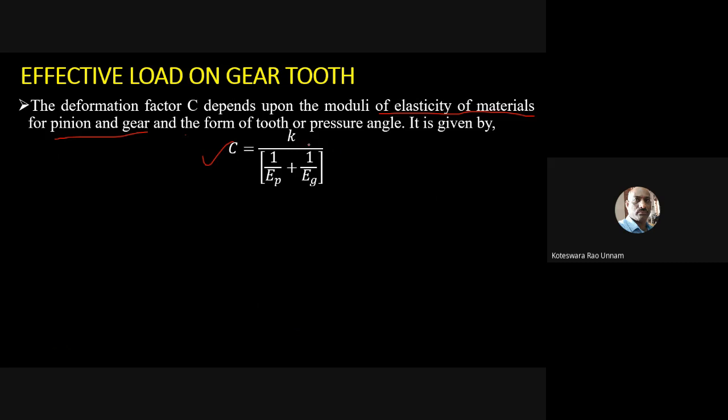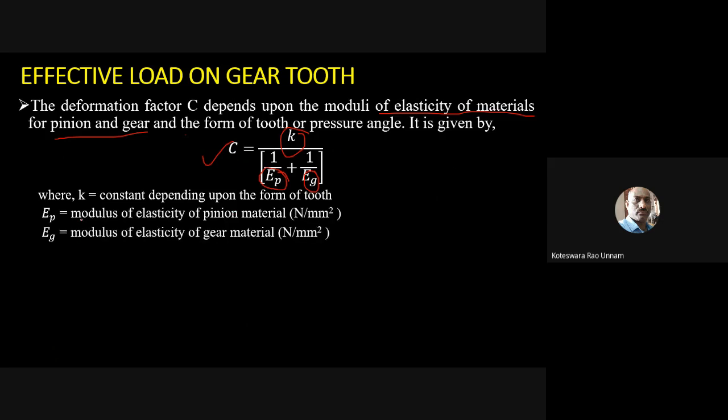C is equal to K divided by (1 by EP plus 1 by EG). EP is nothing but the Young's modulus of the pinion. EG is the Young's modulus of the gear, and K is again a constant factor, and that constant depends upon the form of our tooth.